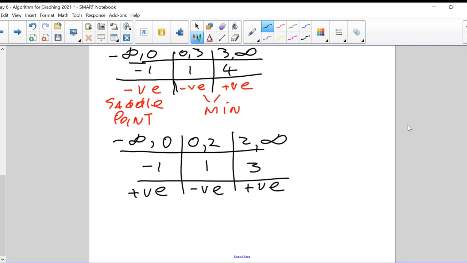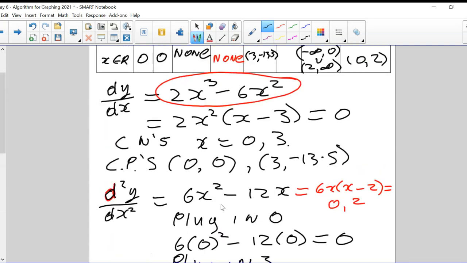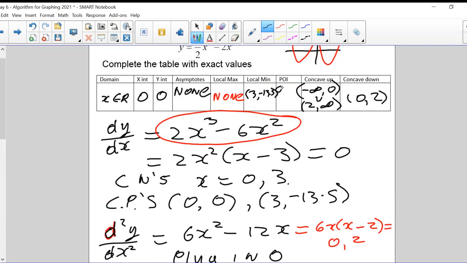Where's the first POI? 0, 0. That's exactly right. So the junction point between these two, which is 0, 0, where it went from concave up to concave down. So that 0, 0 represents one of the POIs.